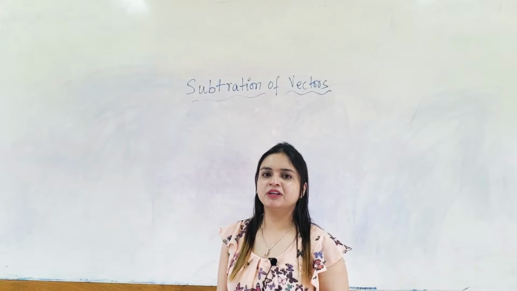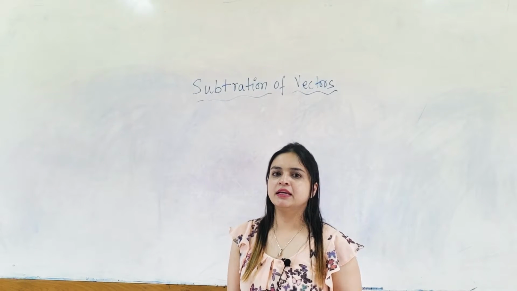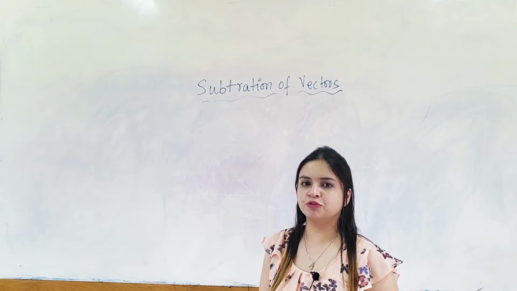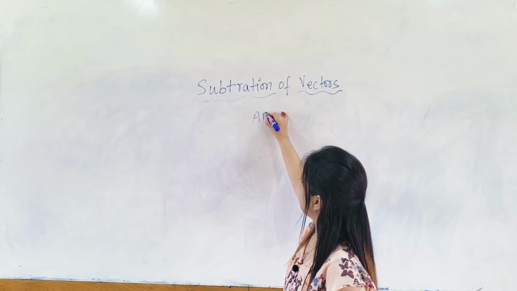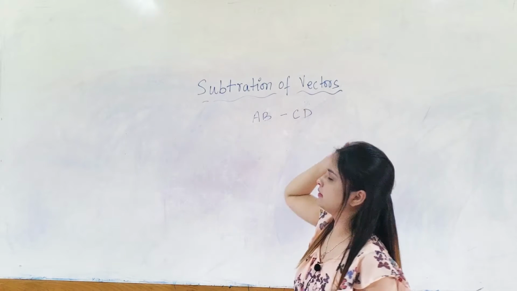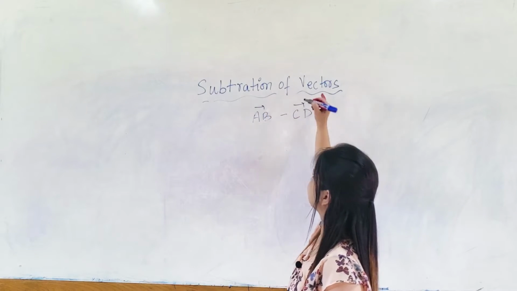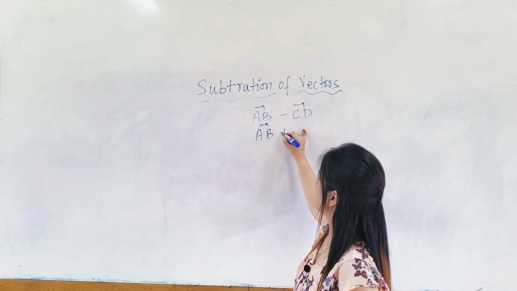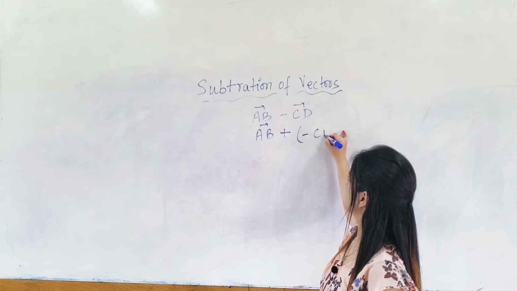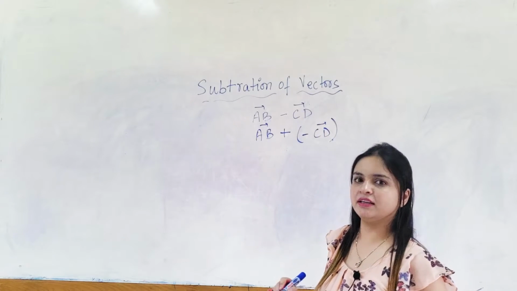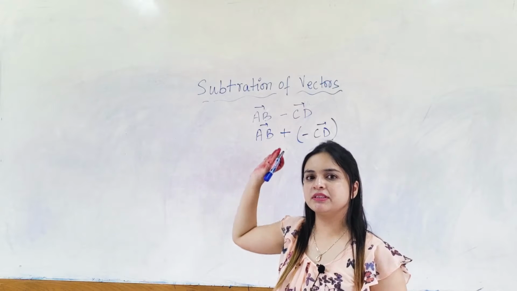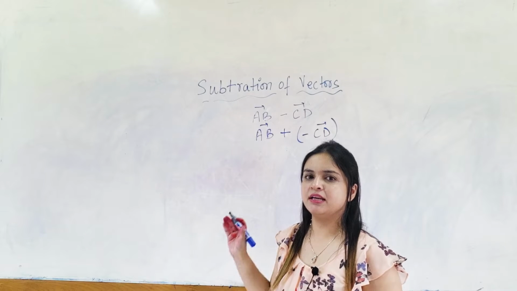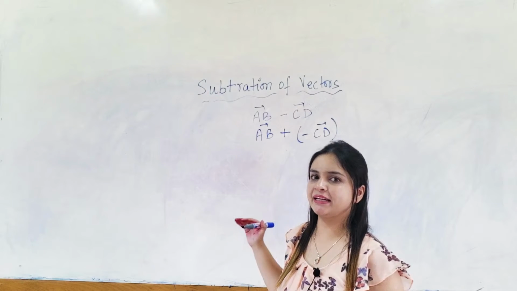In my previous video, I told you about addition of vectors. Now, the next operation will be subtraction of vectors. How are we going to subtract two vectors? Suppose the question is AB minus CD. You have to subtract these two vectors. Now, I can write this minus sign as plus minus CD. That means I am going to use the same method I used for addition of two vectors, which was triangle method and parallelogram method.